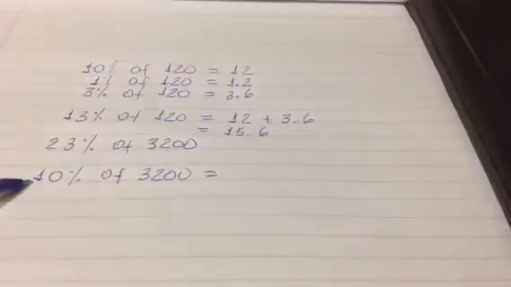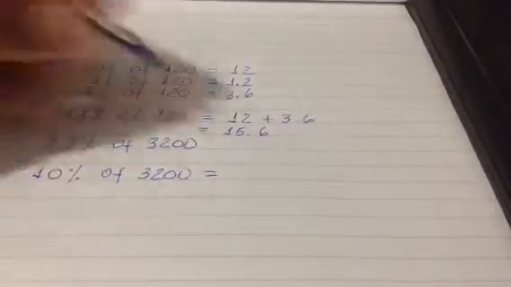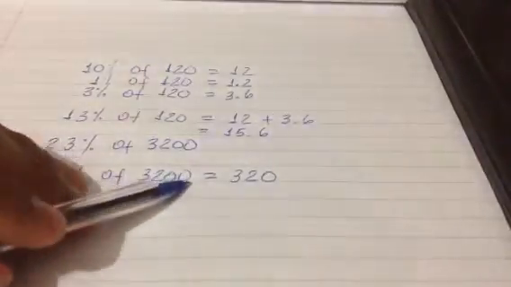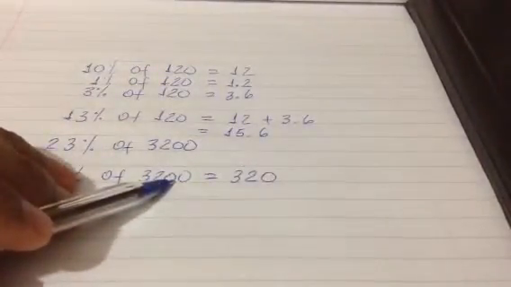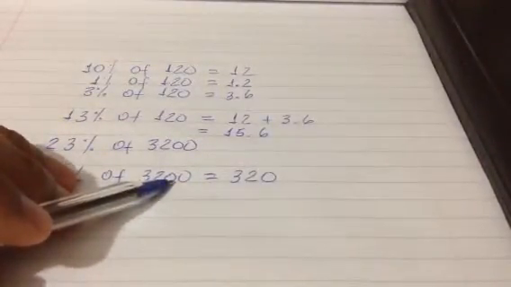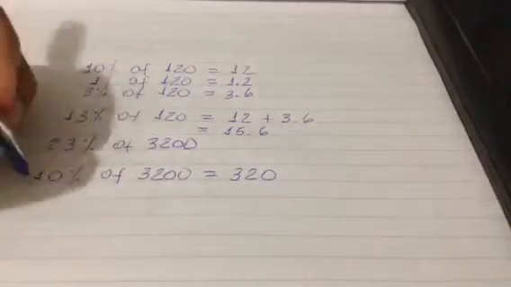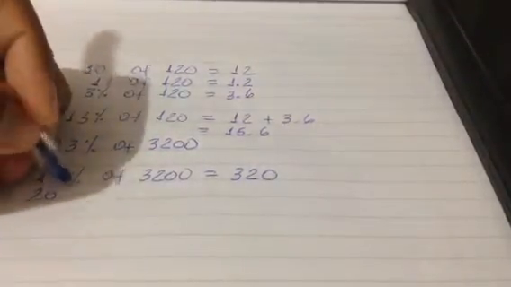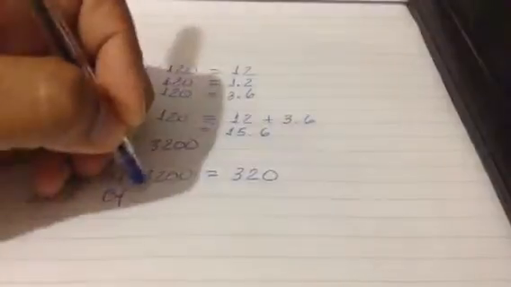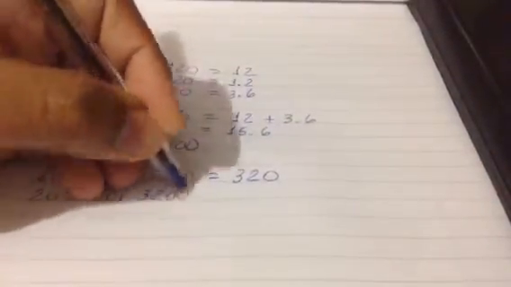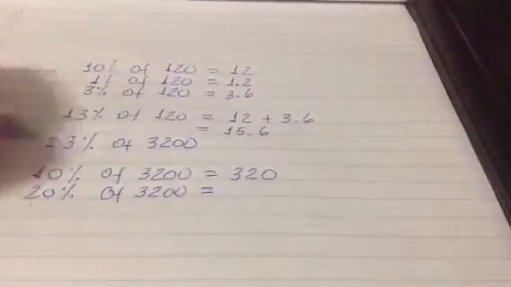And it is, because of what we have discussed, 320. Just move the decimal point 1 space to the left. With 10% we can find 20%, as we saw in the previous video. It is twice 10%, which is 640.